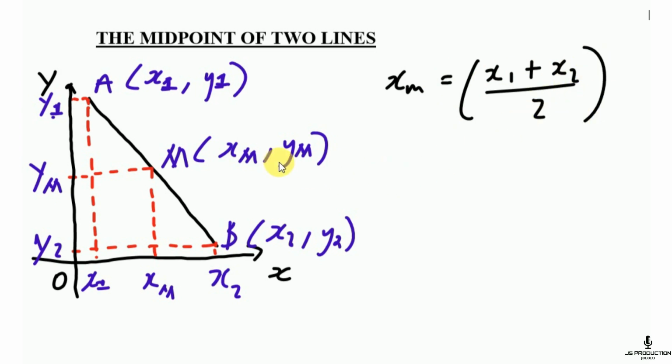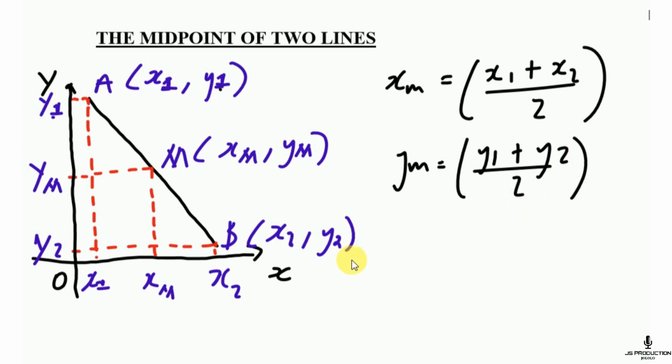Then to find ym, ym is halfway between y1 and y2. So ym is equal to y1 plus y2 divided by 2.